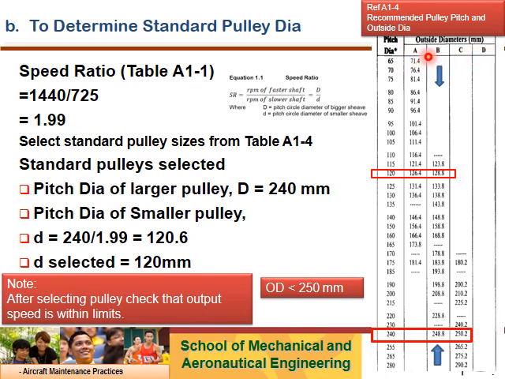So what do these alphabets refer to? Anybody? Make a guess. The answer is the belt section. Earlier we determined that this question required B section, so we will use B in this case.